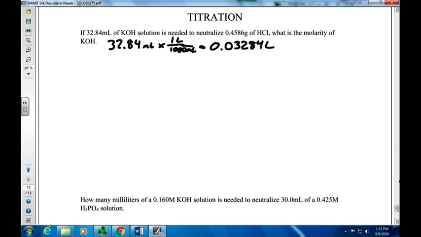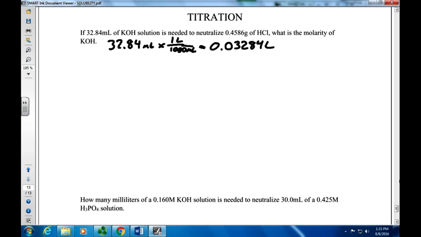Then we need to recognize that we need to find out how to change the grams of hydrochloric acid into a unit that we can use in our molarity problem, because that is what we're trying to find. The easiest way of doing that is to convert grams to moles.